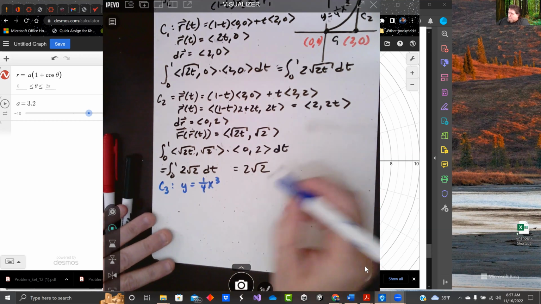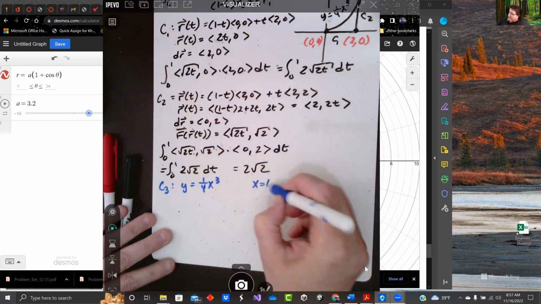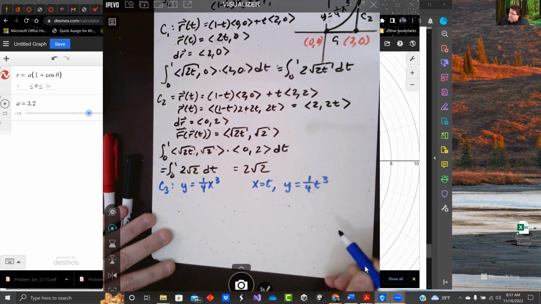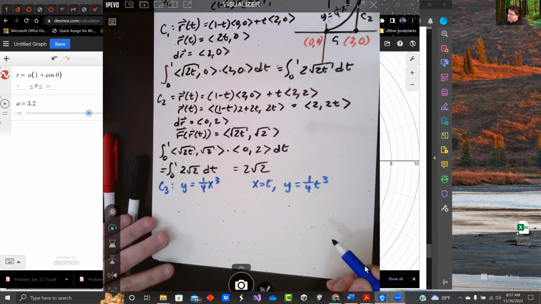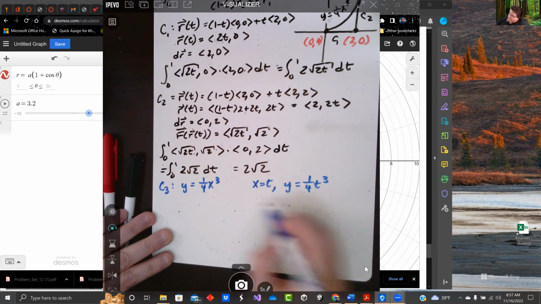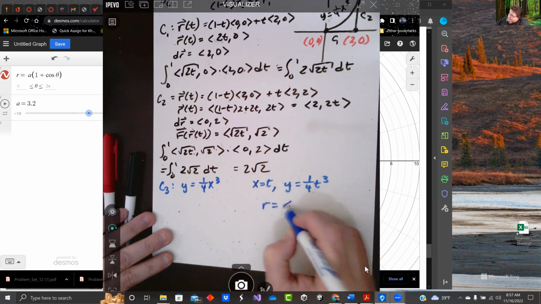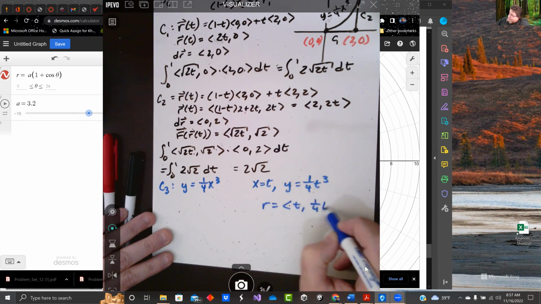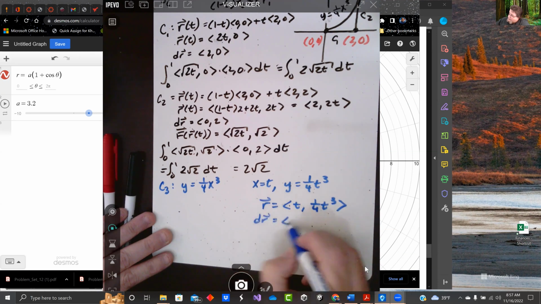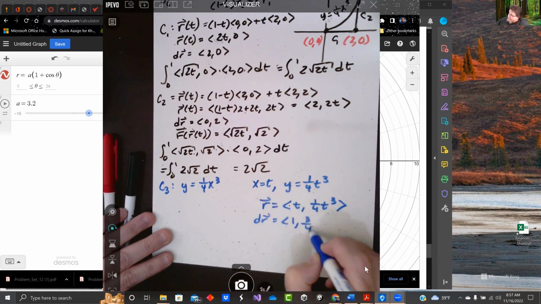My initial thought to parameterize it would be to set x equal to t, so that y equals 1/4 t cubed. And that would make r equal to t and 1/4 t cubed. dr is going to be 1/3 t squared.